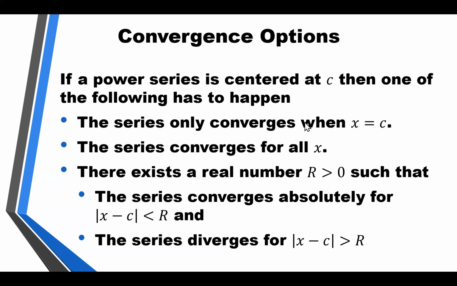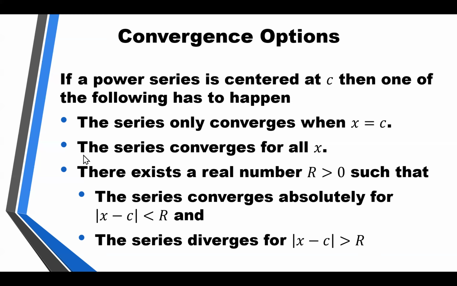Now, don't forget that the other two options also exist. In the examples we have been doing, example 4, 5, 6, and 7, those examples were all cases where there was a real number, a radius of convergence greater than 0, so that the series converged on a certain interval and diverged outside of that certain interval.